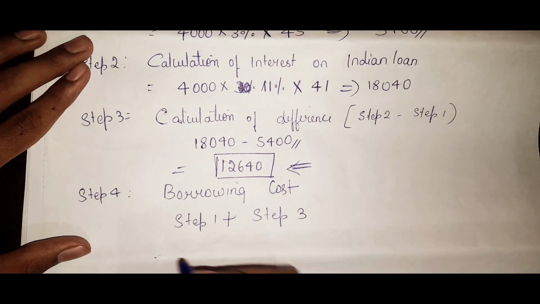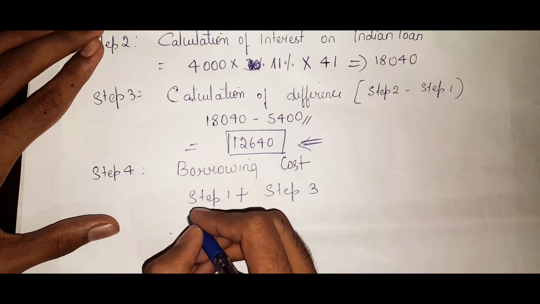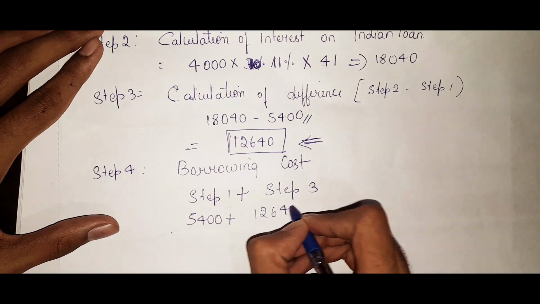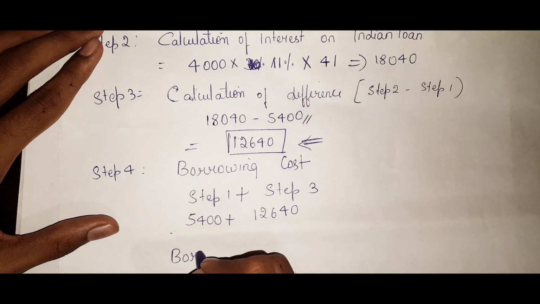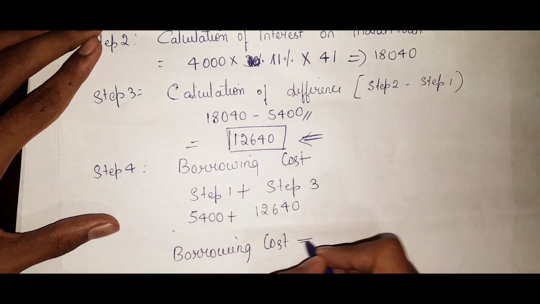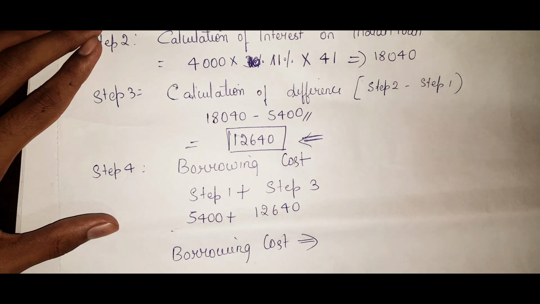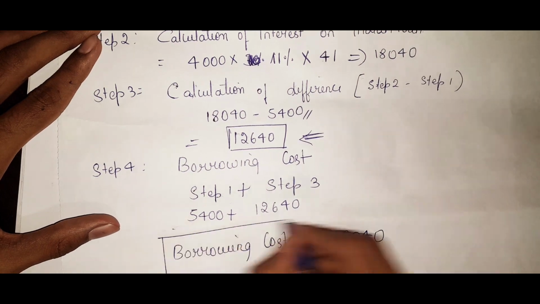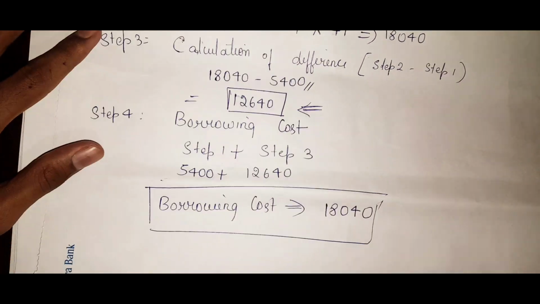Step 1 plus step 3. Step 1 is 5,400 plus step 3 is 12,640. If you add both, we get the borrowing cost, that is 5,400 plus 12,640. It will be 18,040 rupees. This is the borrowing cost which we need to capitalize.